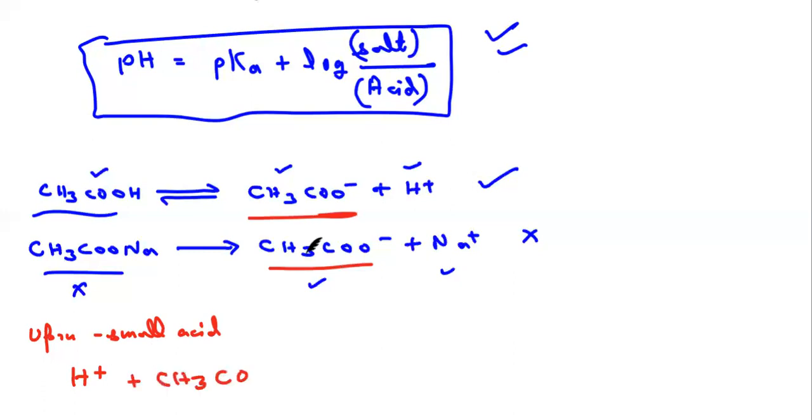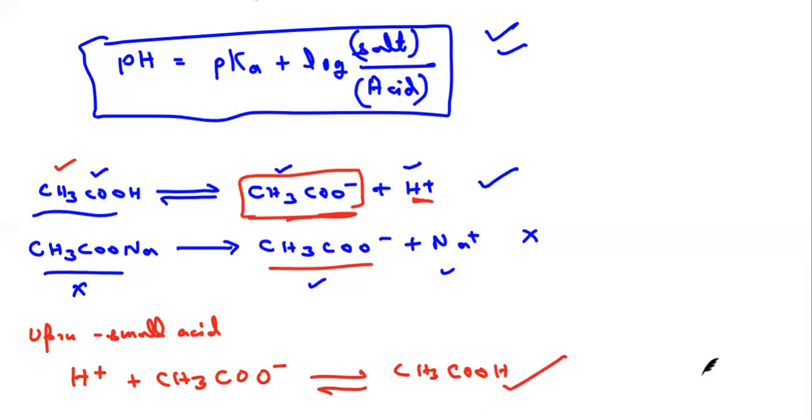That H plus combines with CH3COO minus, so it will form what? Can I say it is forming CH3COOH, yes or no? Yes. Why? Because that H plus and that CH3COO minus are going to form acetic acid. So if you add more H plus, it is combining with that CH3COONa, and it is giving you the acetic acid, isn't it?